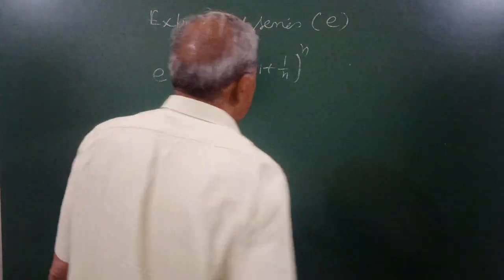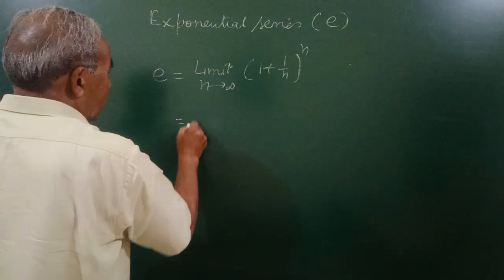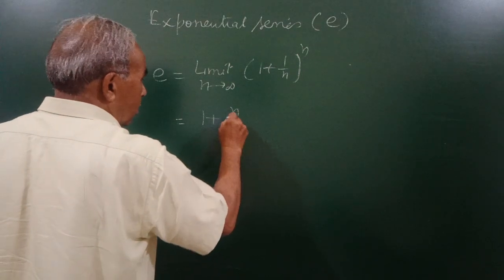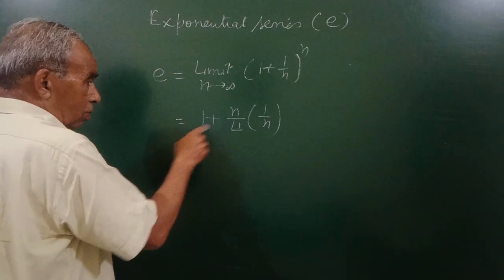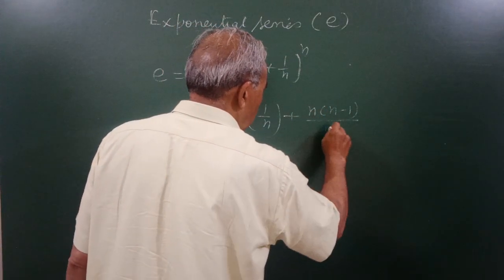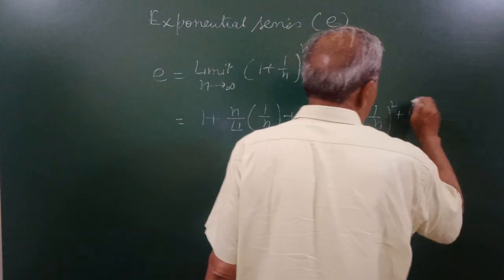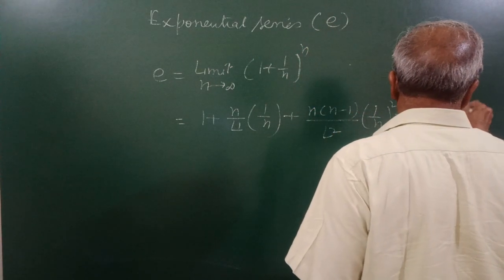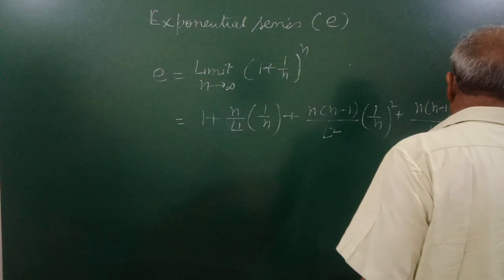If we expand it using binomial expansion, which I just told for this purpose only, we get 1 plus n upon factorial 1 into 1 upon n, plus n into n minus 1 upon factorial 2 into 1 upon n square, plus n into n minus 1 into n minus 2 upon factorial 3 into 1 upon n power 3.